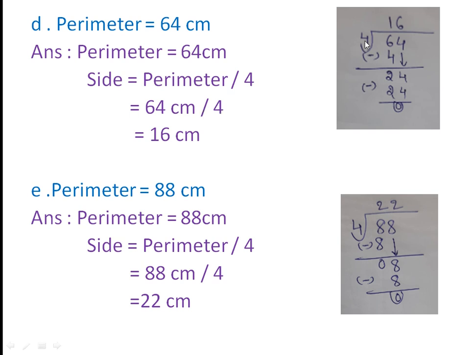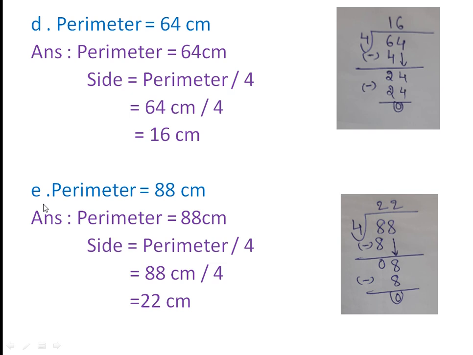See here, calculation, 64 divisible by 4. 4 ones are 4, and subtract these numbers, 2 we will get, and down the 4, 4 sixes are 24, we will get the remainder 0. Here quotient is 16. That is the answer. The side is 16 centimeters is the answer for this question.